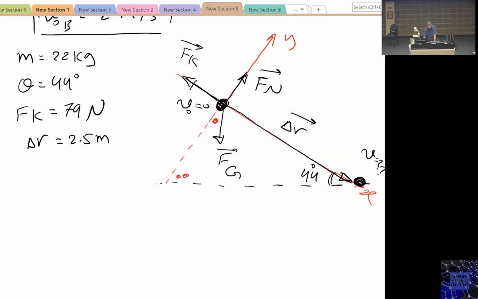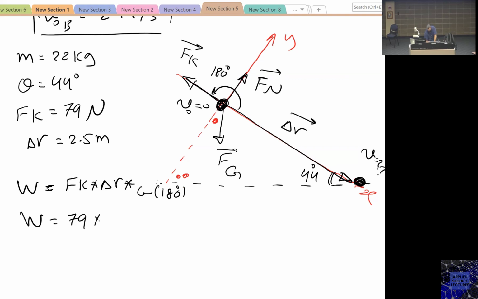Okay. If I want to calculate the work done by the friction, then it would be W equals to only the friction. It will be Fk times delta R times cosine 180 degrees. Then the work is 79 times 2.5 times minus 1.